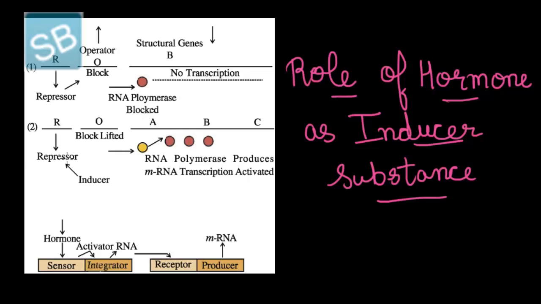But in the second situation, when the repressor gets bound to the inducer, the repressor protein becomes deactivated and this blockage gets lifted, and as a result the operator gene becomes active and results in the formation of mRNA through activated transcription. Here the presence of hormone helps in the integrator that activates the RNA that binds to the receptor to form mRNA through transcription.